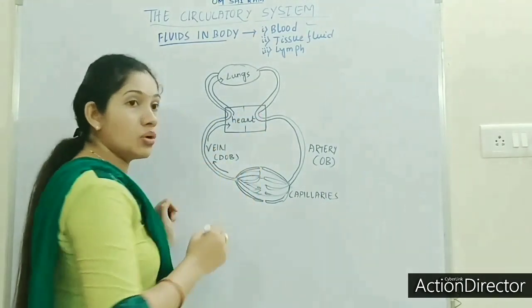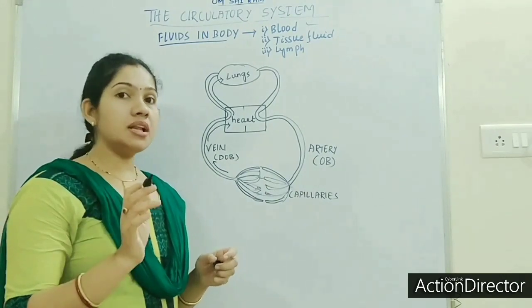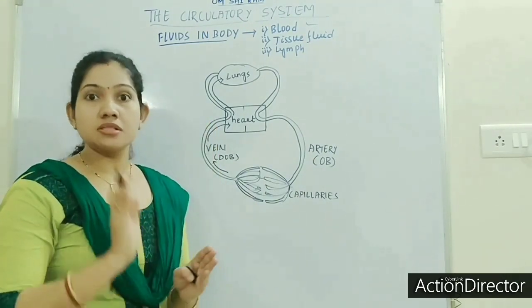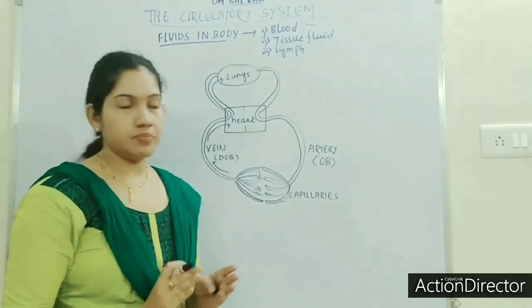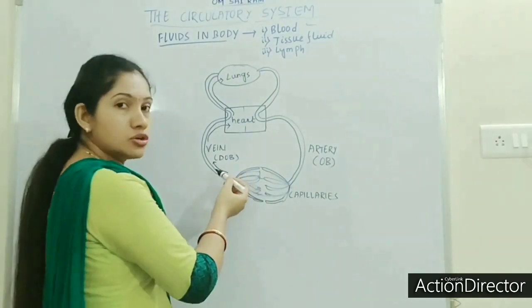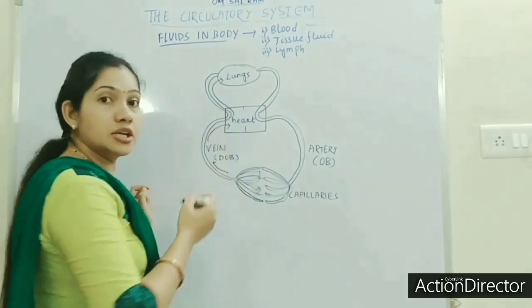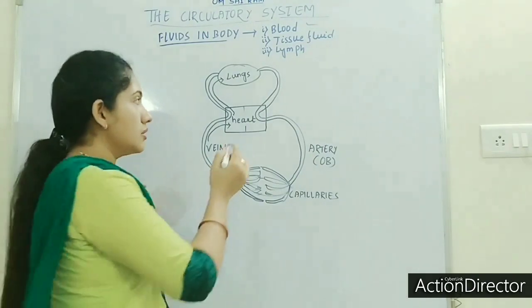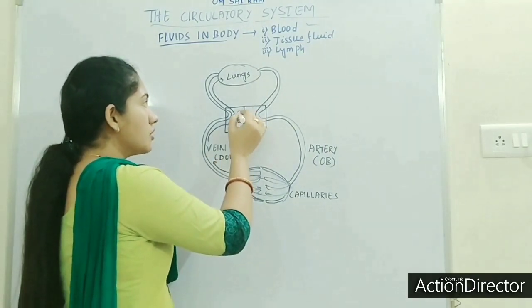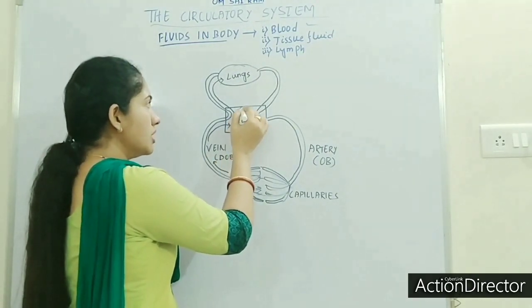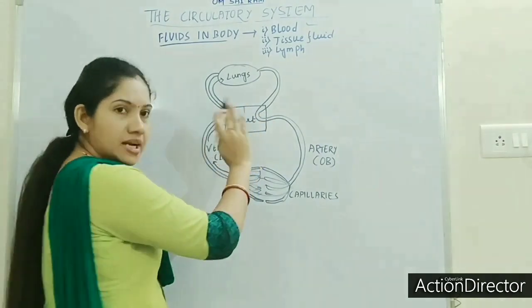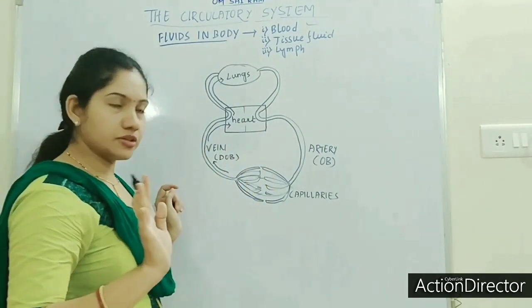When we discuss more about heart, there we will discuss more about this topic. Today I am giving you the introduction. So this deoxygenated blood is carried into one part of the heart. Heart has four chambers, or two parts, left side and right side, that we will discuss later on.